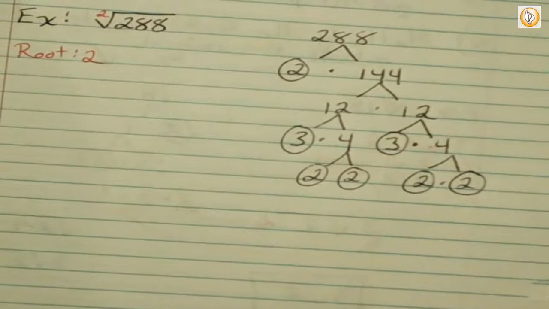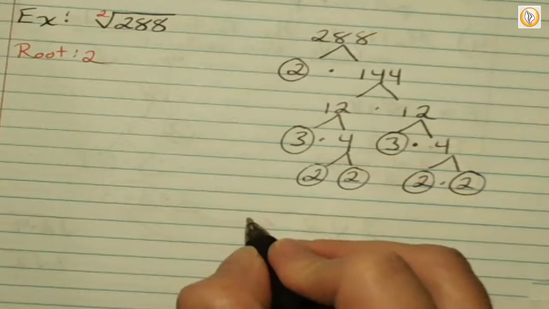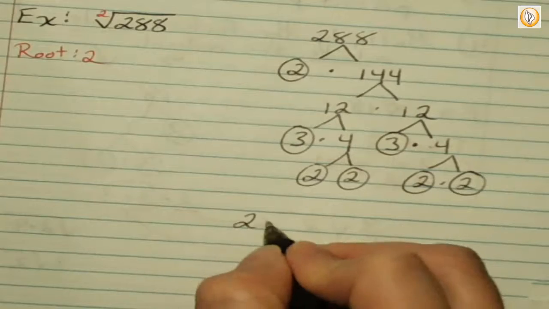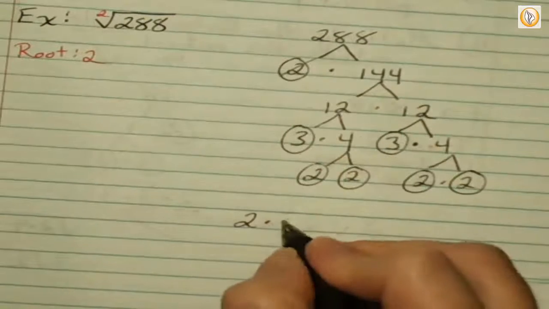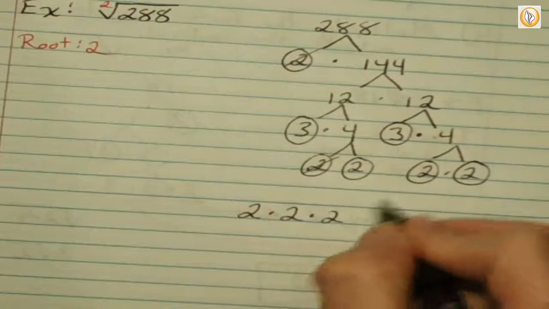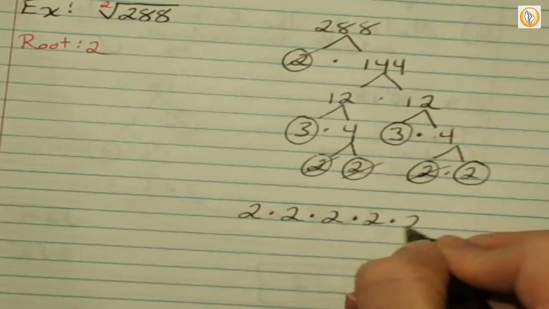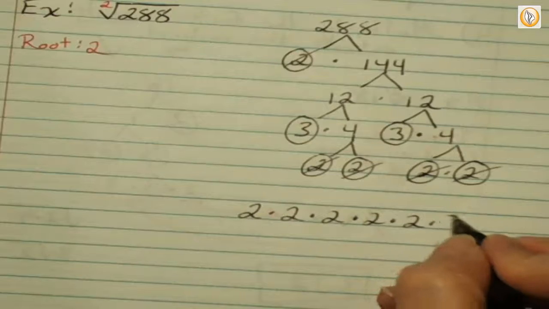All right, so this time we have a lot of prime numbers. So make sure you write them down. List them in order and cross out as you do it, so you don't do too many or not enough.